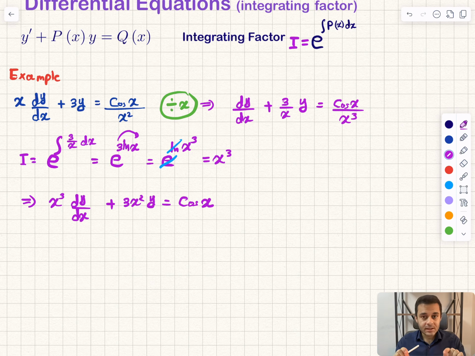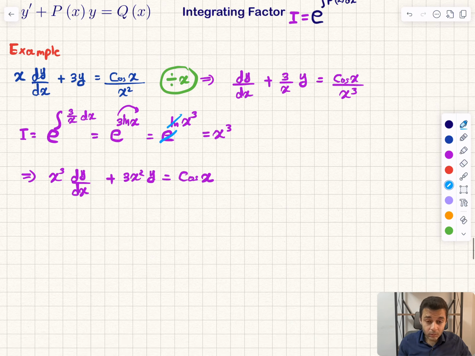Now the next step, which is the most important step in this method. After you multiply both sides by the integrating factor correctly, always the left-hand side can be regrouped or written like this: the derivative of something. The derivative of what?